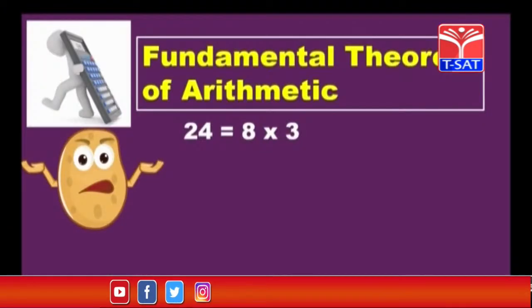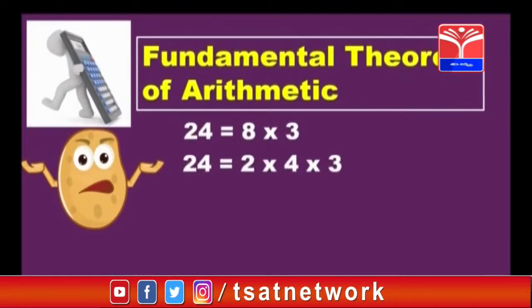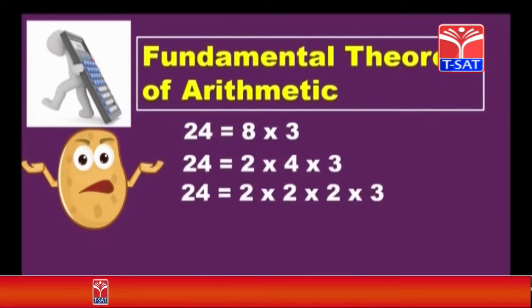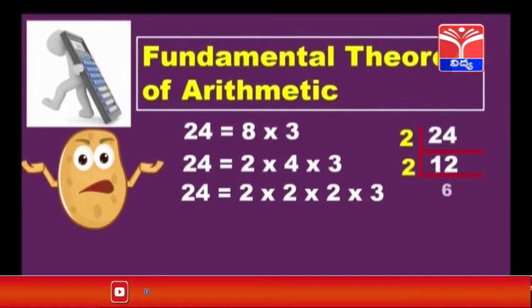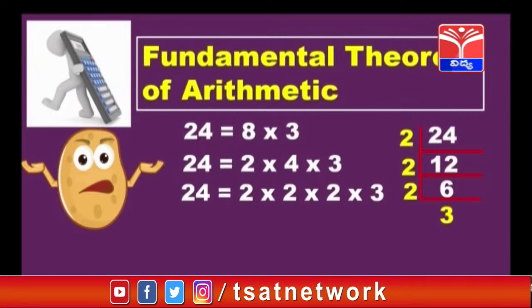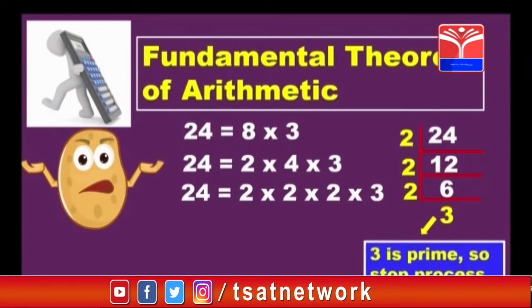If you observe the example, 24 = 8 × 3, and further if we factorize, 24 = 2 × 2 × 2 × 3. Two 12s are 24, two 6s are 12, two 3s are 6, and 3 is a prime number, so we stop the process.